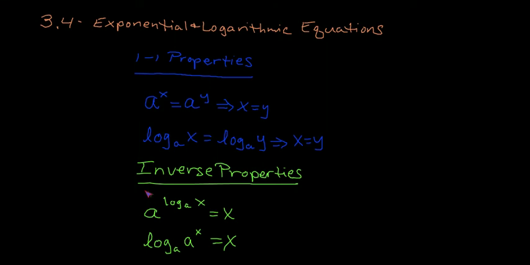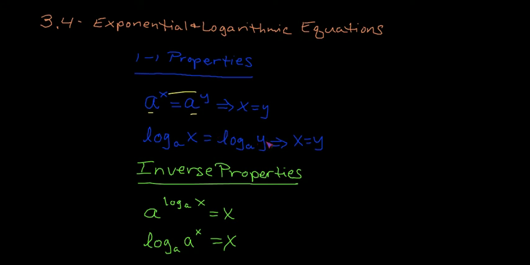So just a quick reminder on the one-to-one properties, which we went through already. In exponential form, if we have the same base, both of these have base a, so a raised to the x equals a raised to the y, then if they are truly equal on each side and both share the same base, their exponents must also be equal.